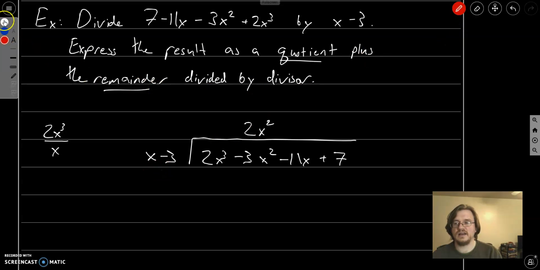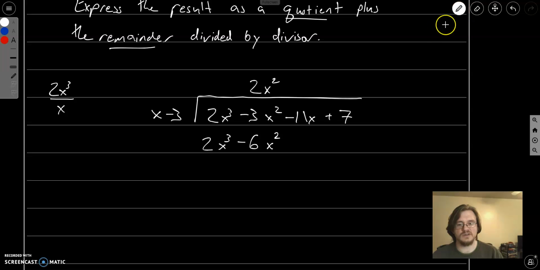Next, I multiply everything by 2x squared. So x times 2x squared, that's 2x to the third. Minus 3 times 2x squared is going to be minus 6x squared. So far so good. Now I subtract these.